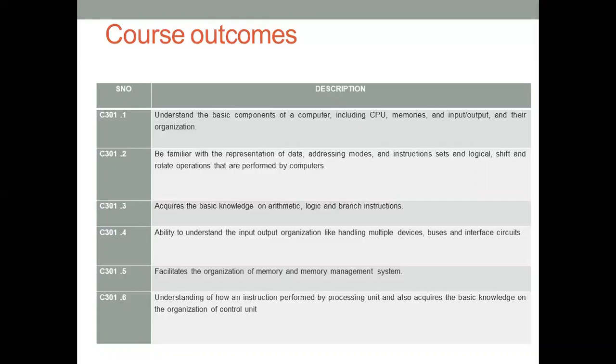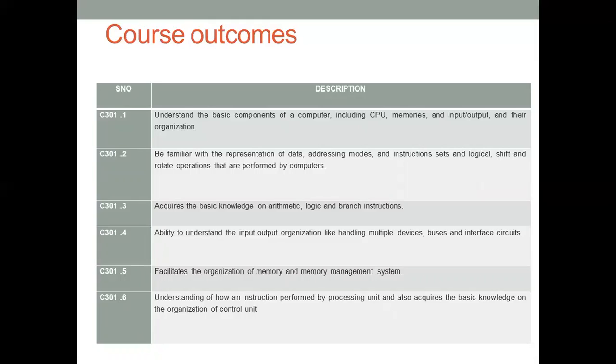In CO2, the student will get familiar with the representation of data, how the data is encoded, how the data is decoded by the computer, what the instruction sets present inside the computer are, and how the logical, shift and rotate operations are performed by this computer. So this is course outcome number 2.